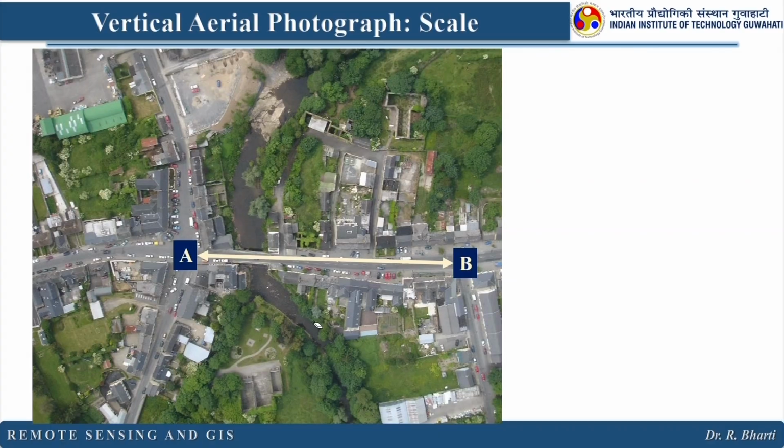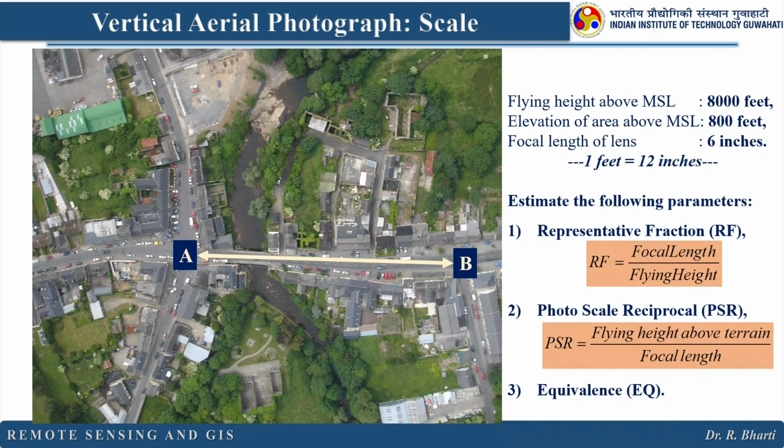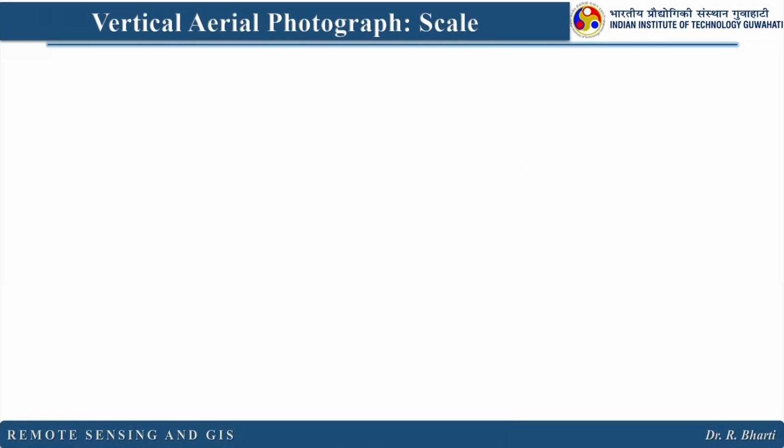In this particular case, I have kept this A and B here and they are separated with some distance, right, and here we have flying height above MSL, that is 8000 feet, elevation of area above MSL, that is 800 feet, focal length of lens, that is 6 inches, and here you have to calculate RF, PSR and EQ, right, and you just see the next slide after you are done with the calculation, right.